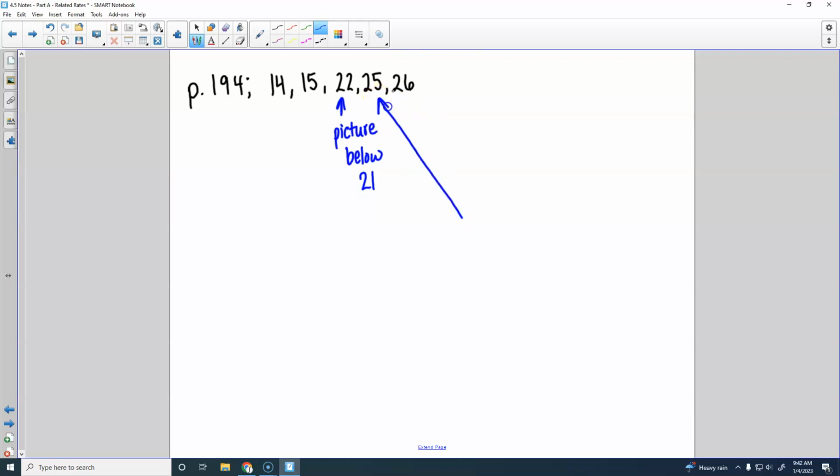25, that is a picture looking down on the planes like you're viewing them from space.